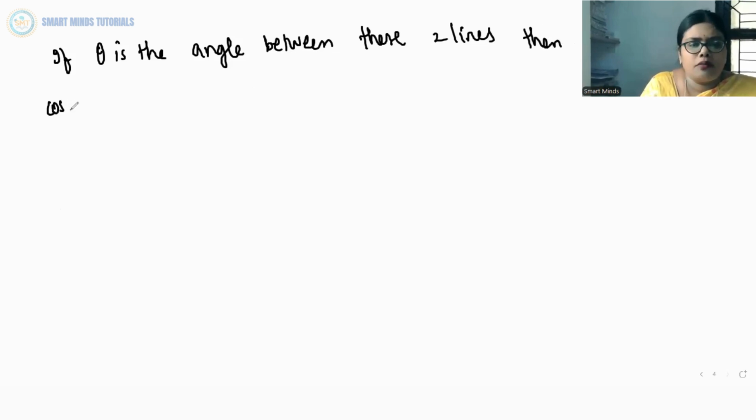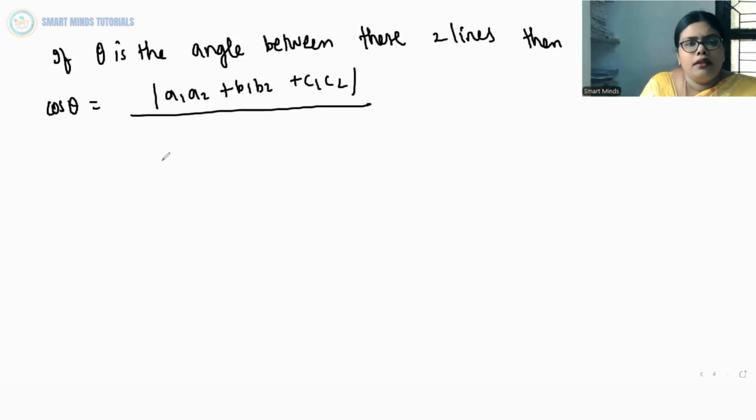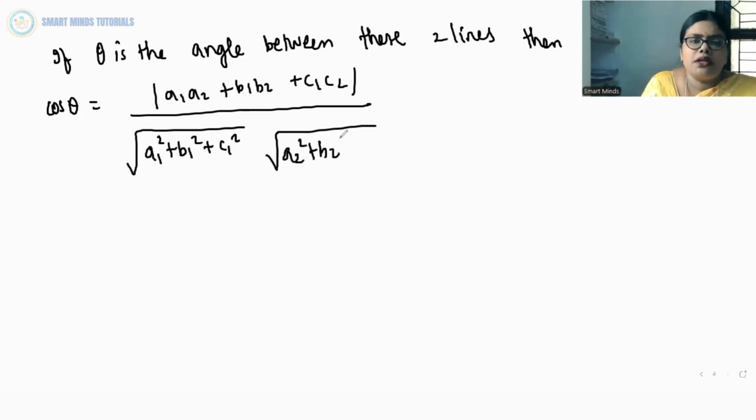What is the cos theta formula? cos θ = |a1a2 + b1b2 + c1c2| / (√(a1² + b1² + c1²) · √(a2² + b2² + c2²)). We already got a1, b1, c1, a2, b2, c2 from the DRs.